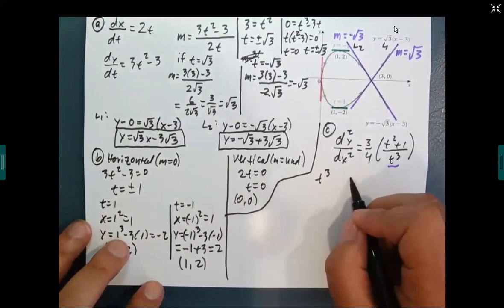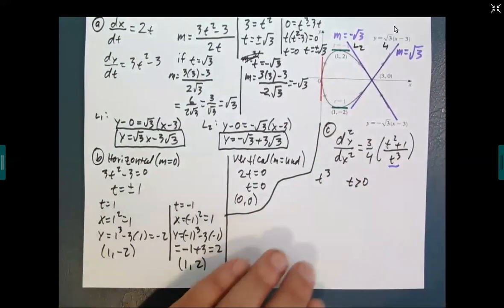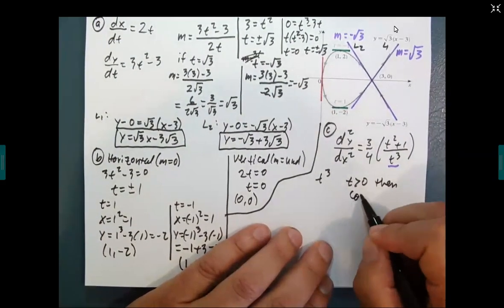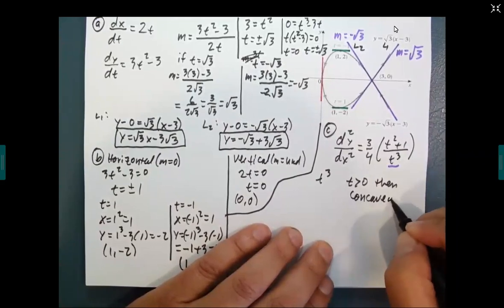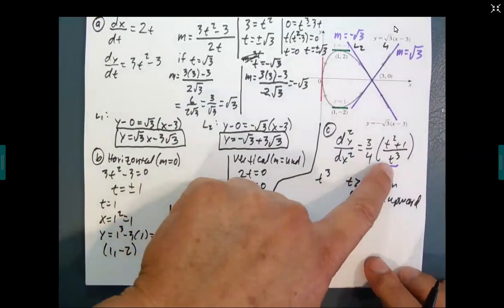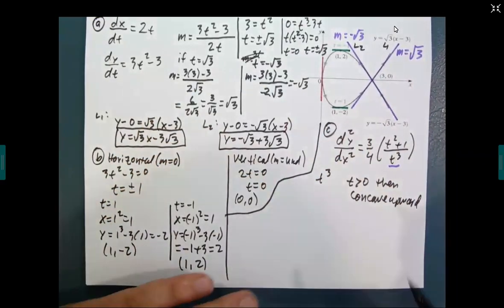And so when t is positive, t is bigger than 0, then concave upward. Because when t is positive, that's going to be positive, making the whole thing positive, making the whole thing concave up.